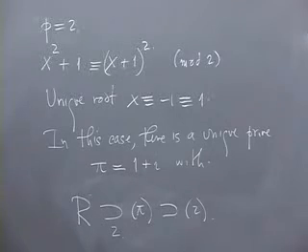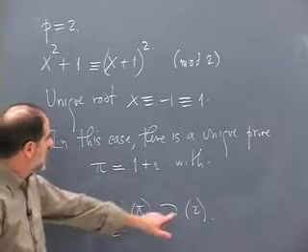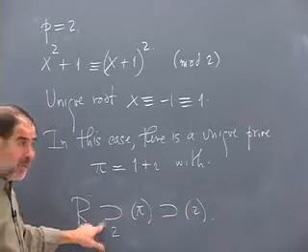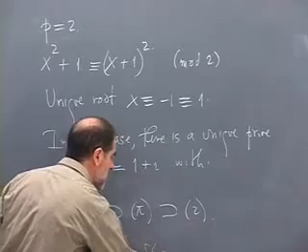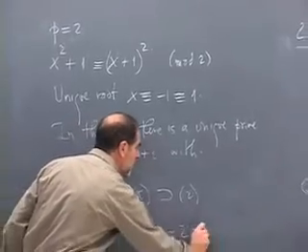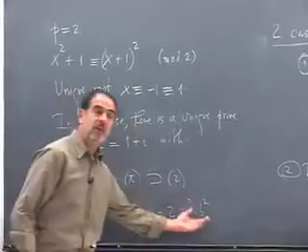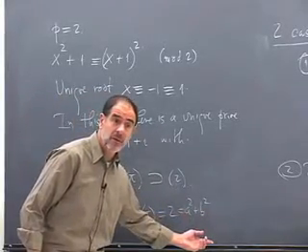Because to look for an ideal between 2 and R, you'd have to find something of index 2, which would mean delta pi is equal to 2, which is a squared plus b squared. So a and b both have to be plus or minus 1, right?